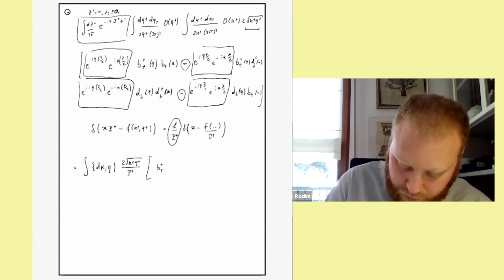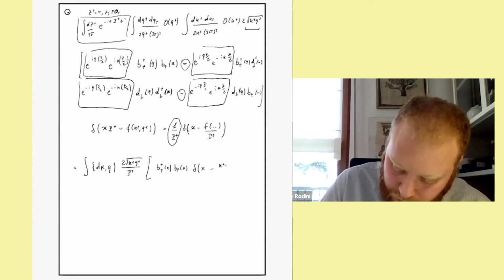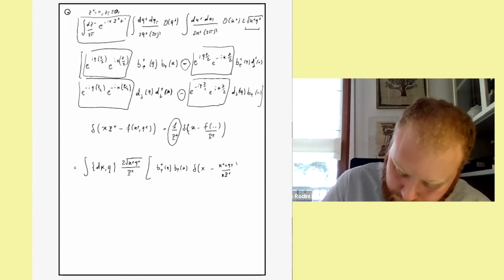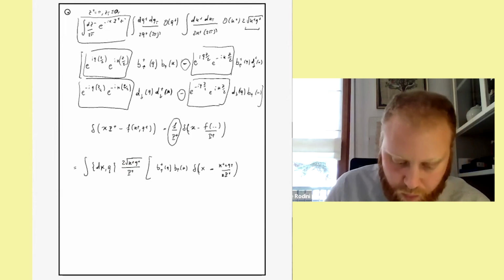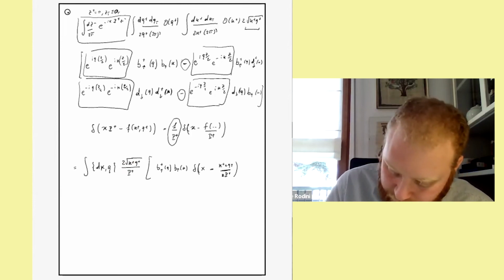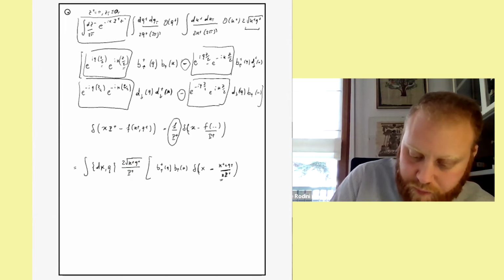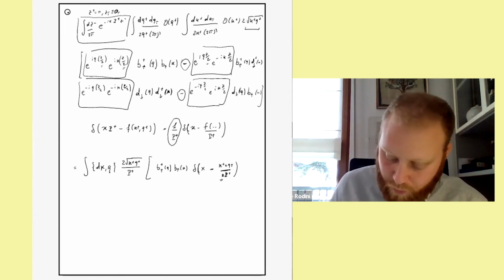This is b dagger up of q, b up of k, times the delta of x minus (k plus plus q plus) over 2p plus, where this 1/2 comes from these 1/2s that are in the positions.